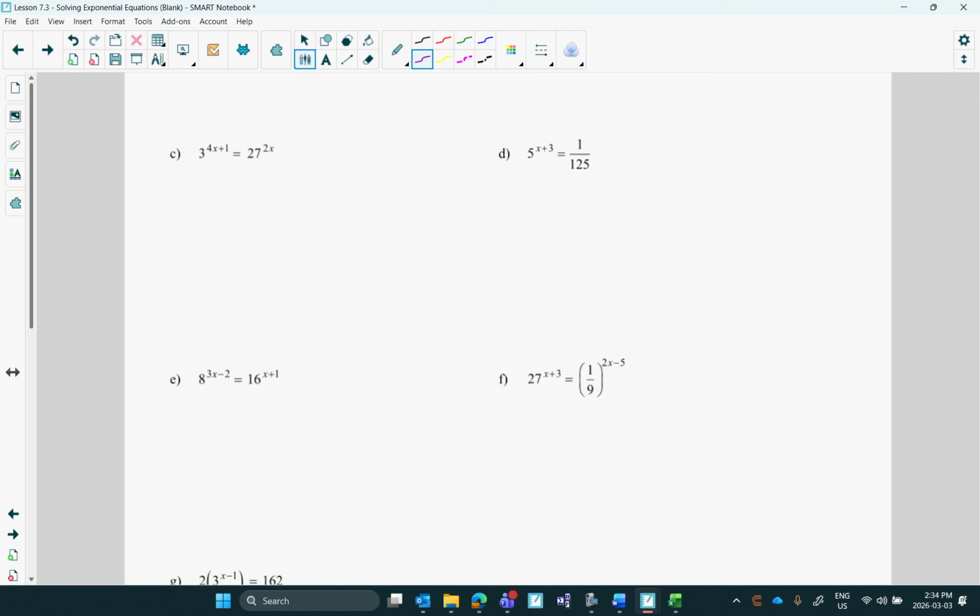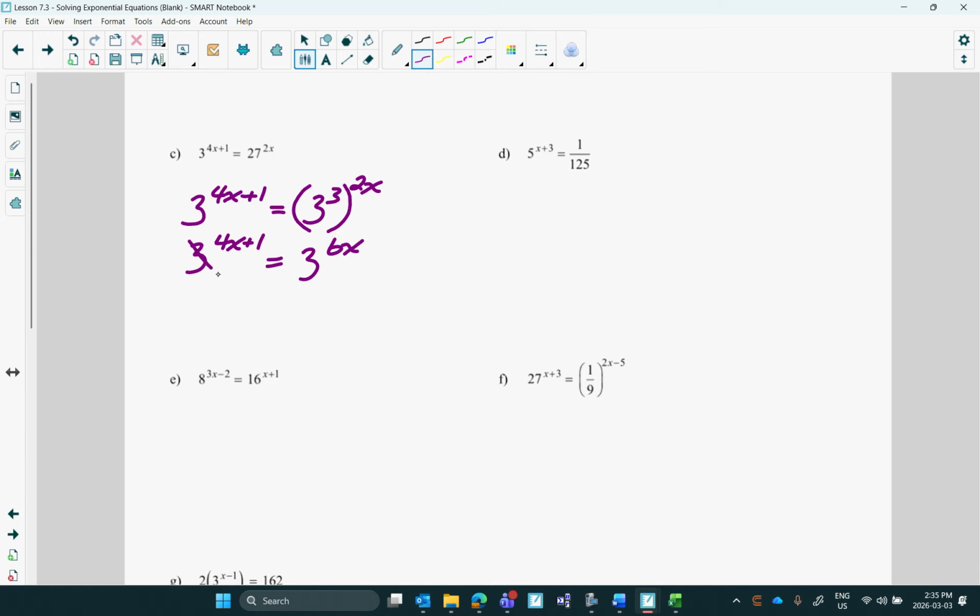How about C? So I can leave this because I can write 27 as 3 cubed, and then parentheses around it because you're going to be raising it to the 2x. Which means that if I simplify the right-hand side using exponent laws, I get 3 to the 6x.